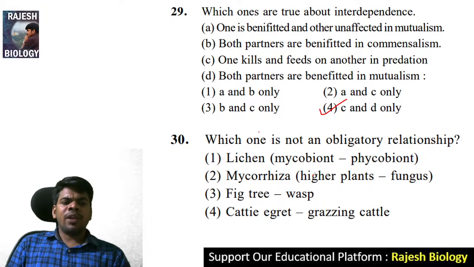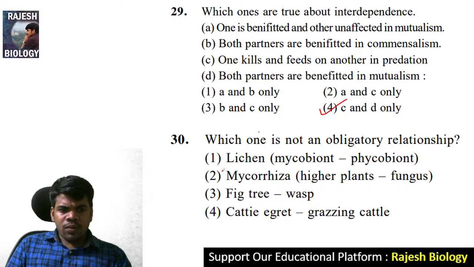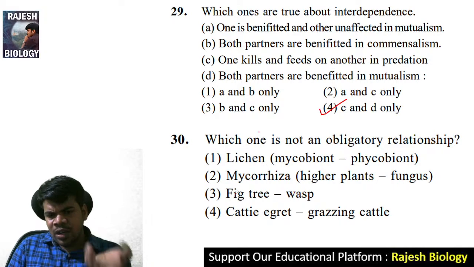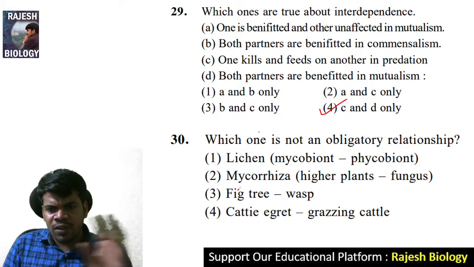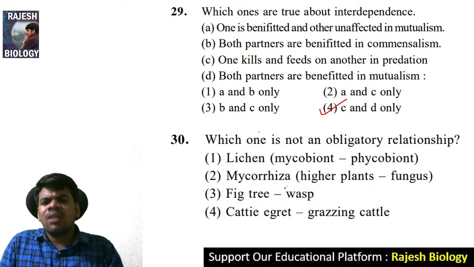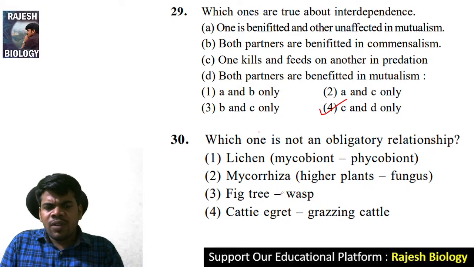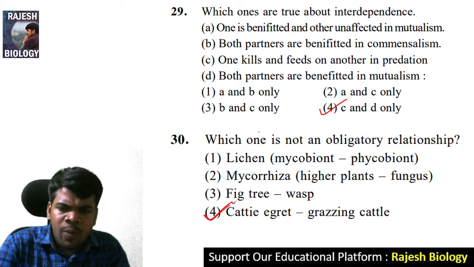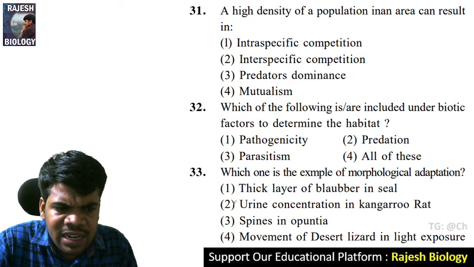Which is not obligatory, not compulsory? Fig tree and wasp is compulsory, Chandrika, so only then can both survive. If the fig tree is not there, the wasp cannot survive because it cannot locate the best locations for breeding, and the fig tree also doesn't have other breeding techniques, so it is compulsory. Cattle egret and grazing cattle is not obligatory.